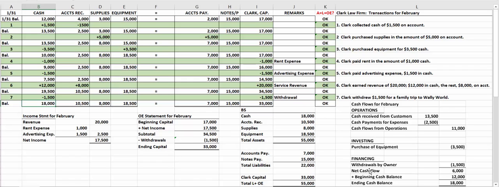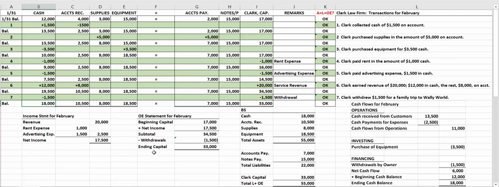All right, so one of the important things to remember here is that if you do have beginning balances, check to make sure your assets equal your liabilities plus your owner's equity before you go anywhere with it. And then the ending balances down here also must follow the balance sheet equation, because that's where you're going to get your balance sheet figures.